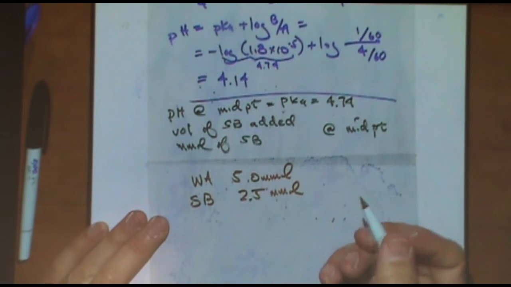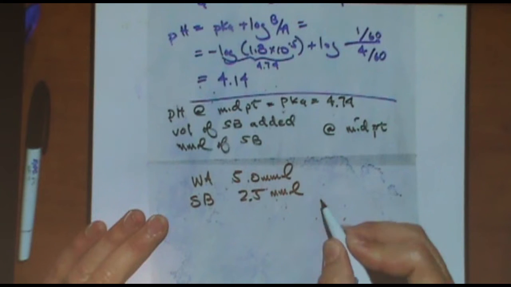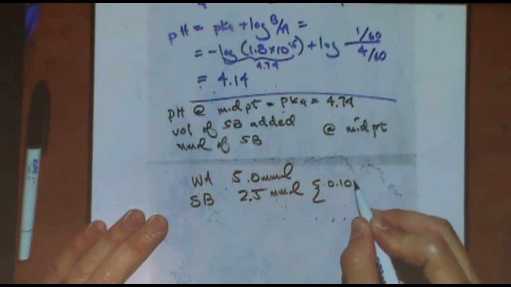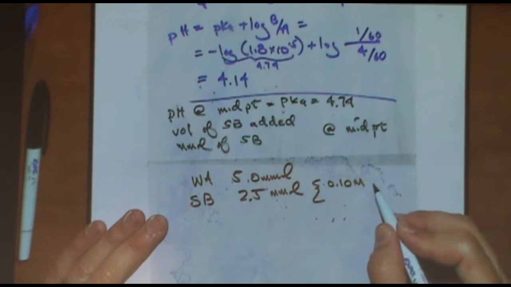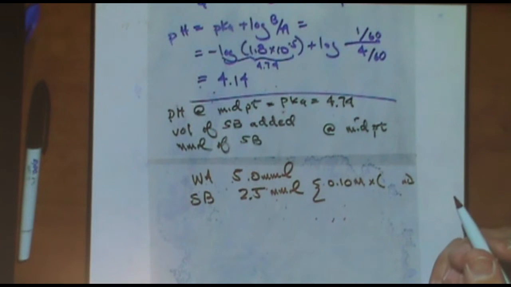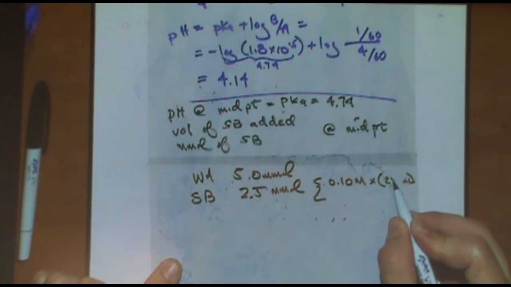Okay? So, let's say we had the strong base. It was 0.10 molar. So 0.10 molar times what volume is going to get me to 2.5 millimoles? Oh, I said it.